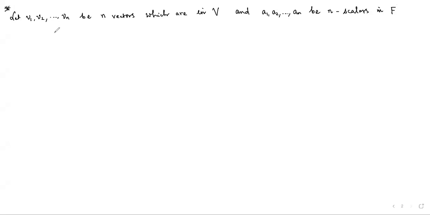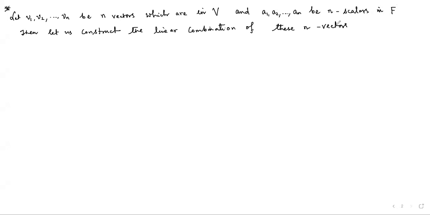Then let us construct the linear combination of these n vectors as follows. Linear combination is like this.